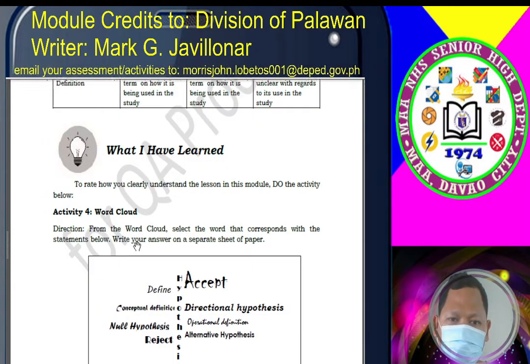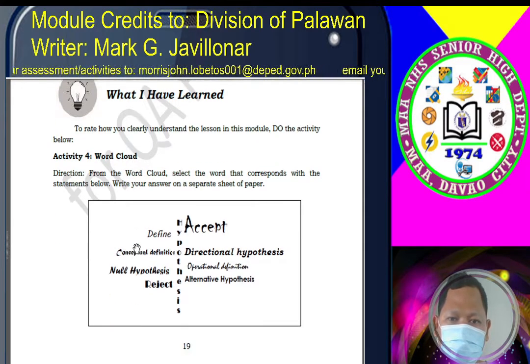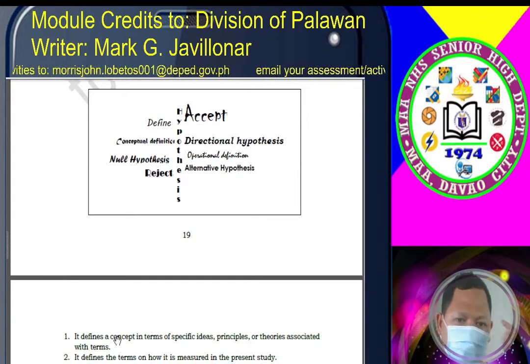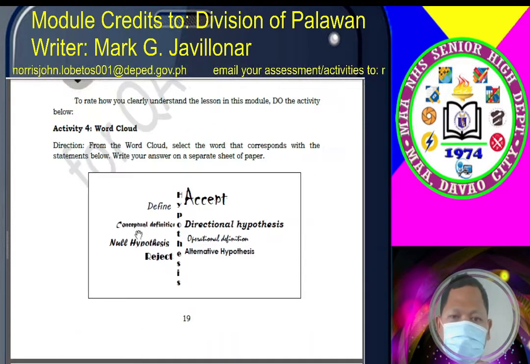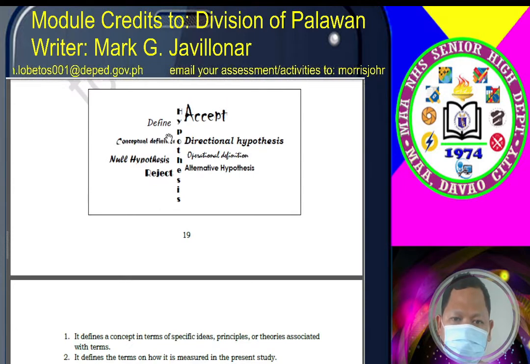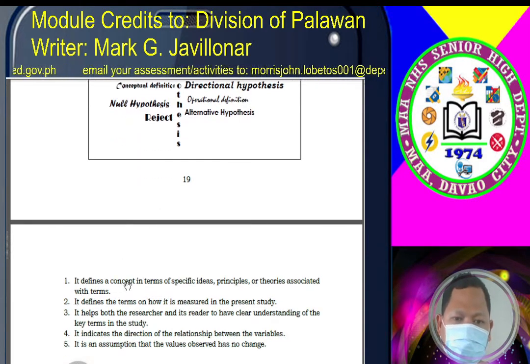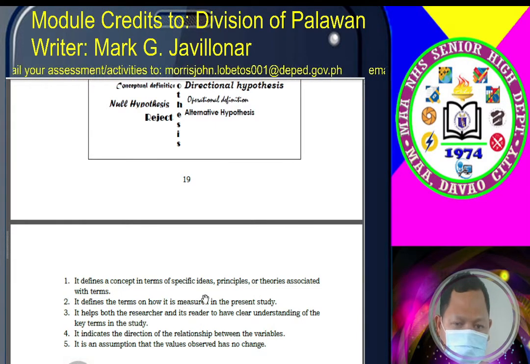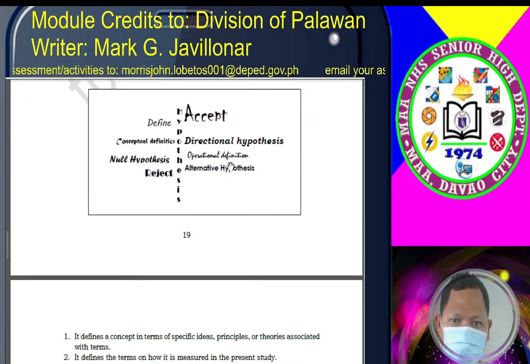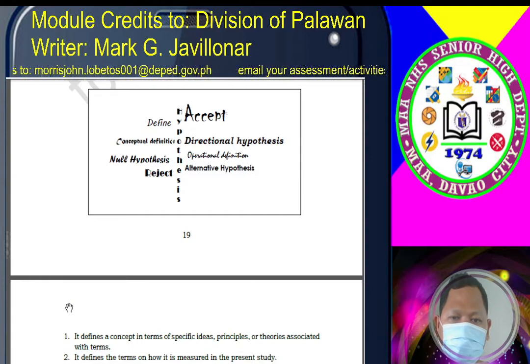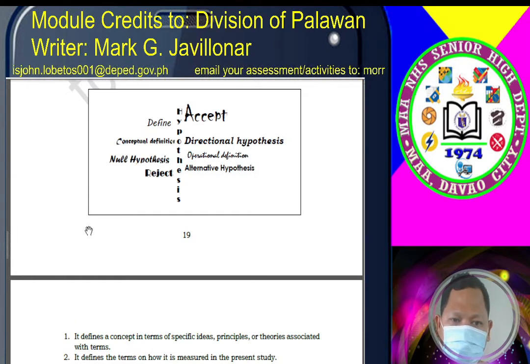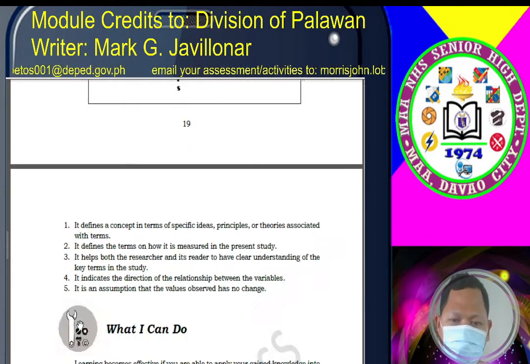Then next, activity 4: you find the correct answer to these statements in this word cloud. You select your answers. For example, number 1: it defines a concept in terms of specific ideas, principles, or theories associated with the terms. The answer is conceptual definition, so you write it here. You do the rest.